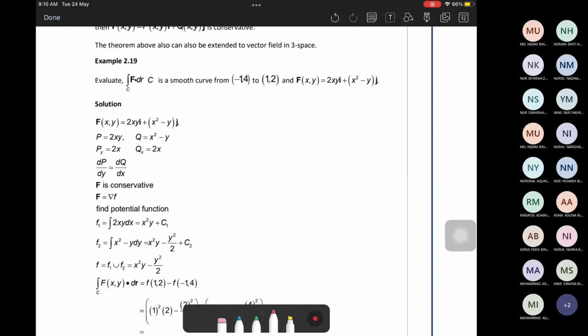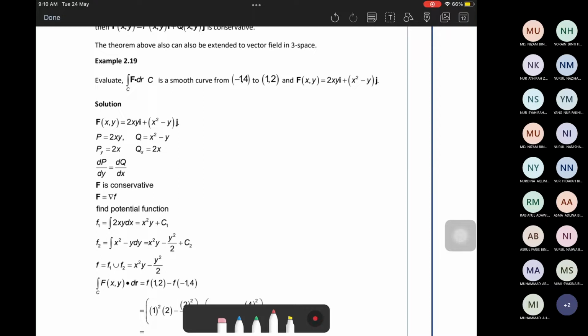Evaluate the line integral of F dot dr, where C is a smooth curve from (-1, 4) to (1, 2), and F(x,y) = 2xy i + (x² - y) j. Okay, so the question dia bagi 2 point, (-1, 4) and (1, 2), dan dia bagi vector field F. Jadi kita tak tahu sama ada dalam segmen ke dia apa, dia bagi 2 point sahaja.